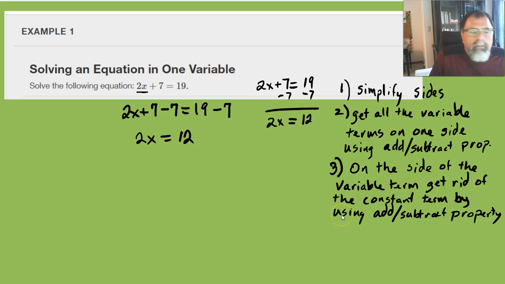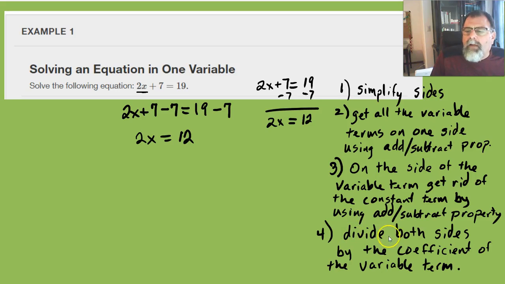Okay, now to the fourth step. You're going to divide both sides by the coefficient of the variable term. So 2x is the variable term, so we're going to divide both sides by 2, which is the coefficient. The reason we do that is we want to get x by itself. 2 divided by 2 is 1, and you just have x or 1x.